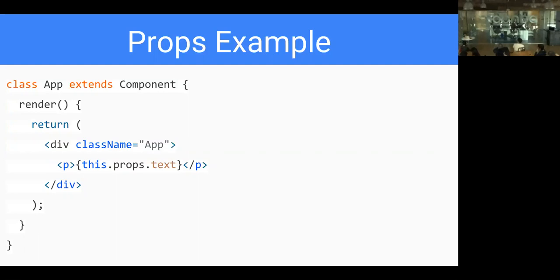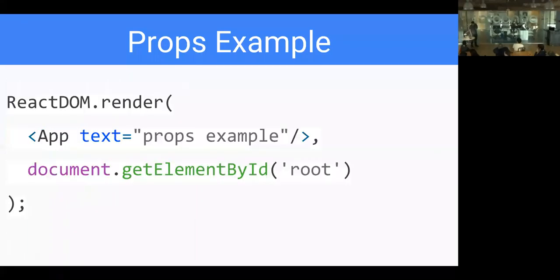But essentially, this is just saying convert this JavaScript code into some string that I can then put into the DOM. And in this example, again, I'm just passing in this attribute to my JSX, which says that's what I want my props to be.